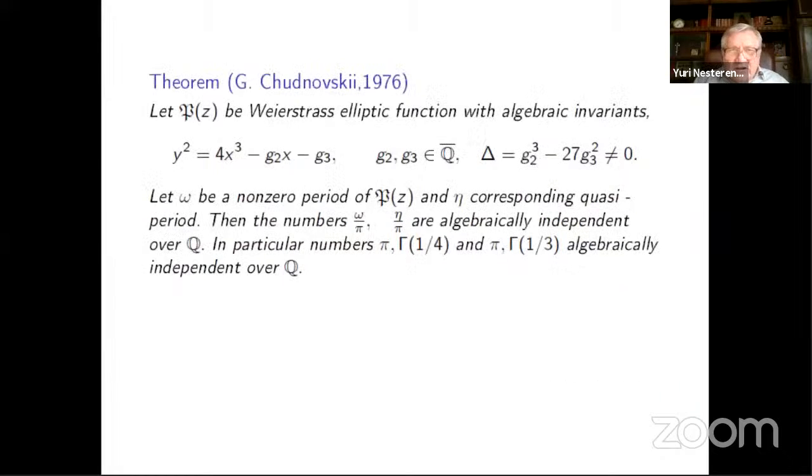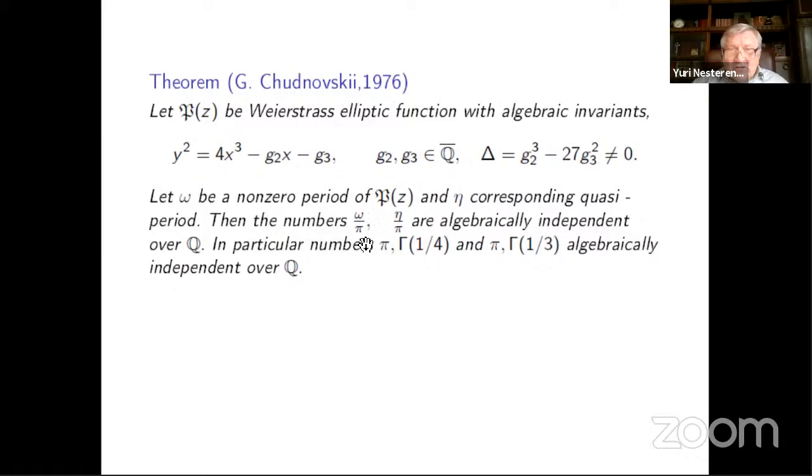This theorem was proved by Chudnovsky in 1976. Let P be the Weierstrass elliptic function with algebraic invariants g2 and g3, and delta its discriminant, and let omega be a non-zero period of this Weierstrass function and eta the corresponding quasi-period.